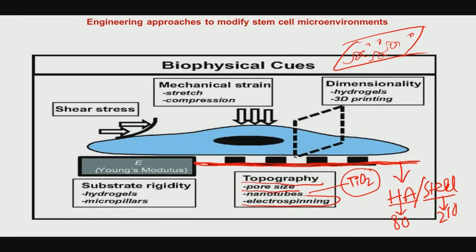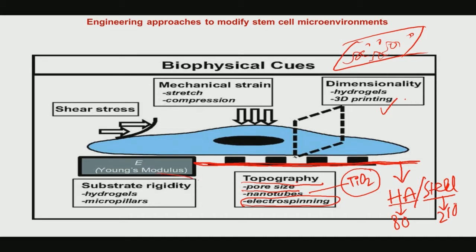You can make materials with different topography by electrospinning, which has been very widely used in biomaterials. The second one I have mentioned is that you can control the dimensionality of these topographical features using 3D printing, which is one of the additive manufacturing techniques.